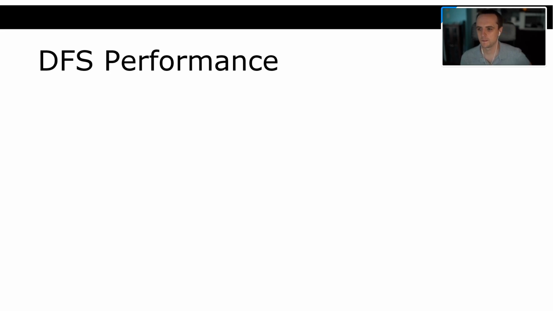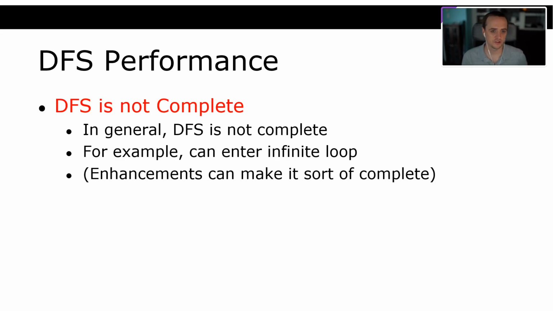Okie dokie. Depth first search performance. In general, DFS is not complete, okay? So we can enter an infinite loop really, really easily in depth first search. So for example, depth first search can just go back and forth between, like, I'm gonna go from A to B to A to B to A to B to A to B. And that's not cool.